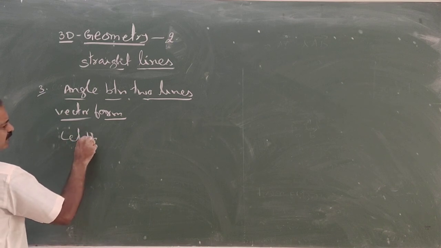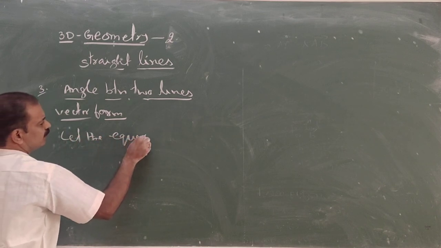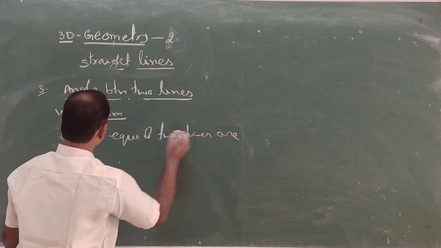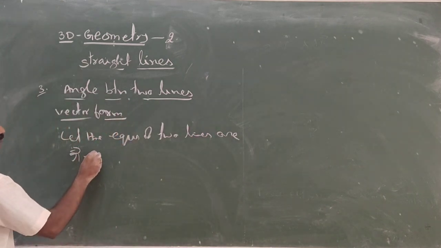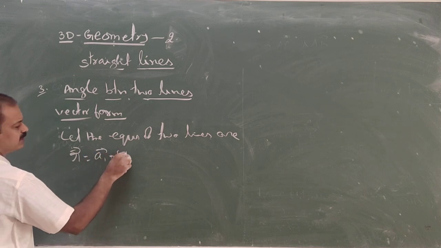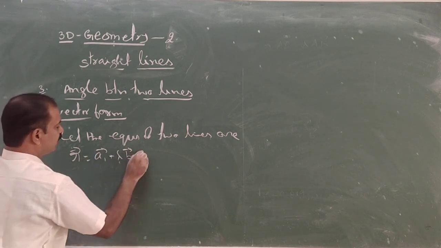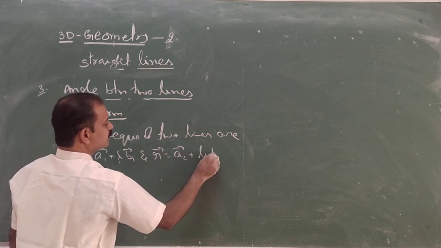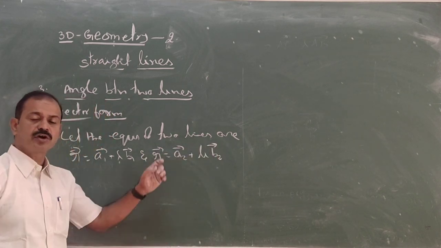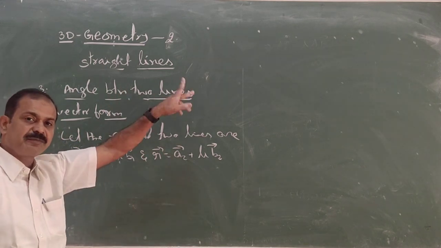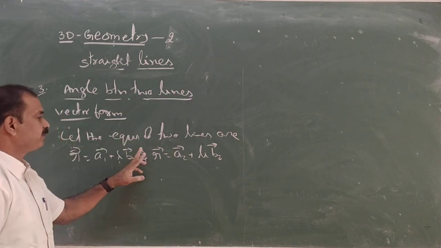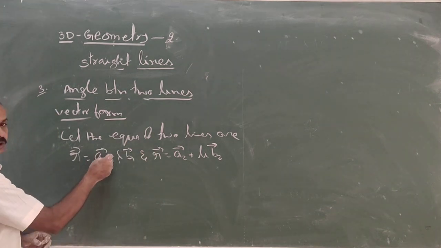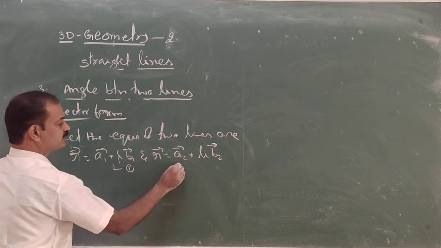Let the equations of two lines be r is equal to a1 plus lambda b1 and r is equal to a2 plus mu b2. Because r is equal to a plus lambda b is the equation of a line. Now I am taking two lines, so here this is 1 and this is 2.